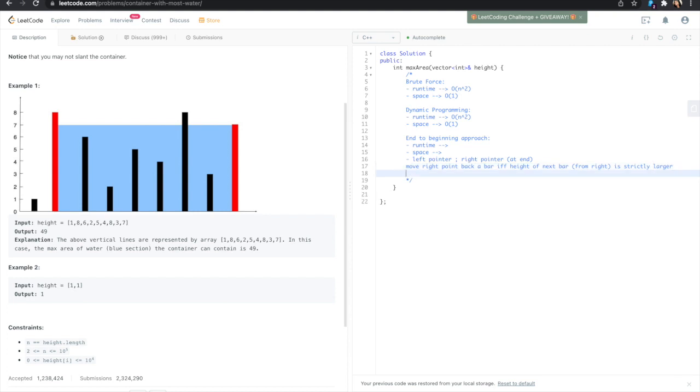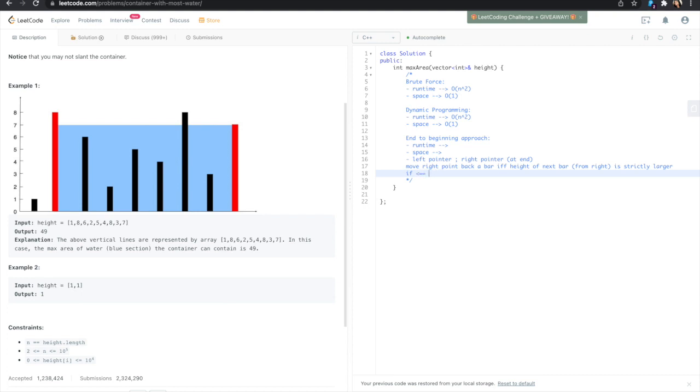So that's nice. If it's smaller, if smaller or equal to, so I can just do this.